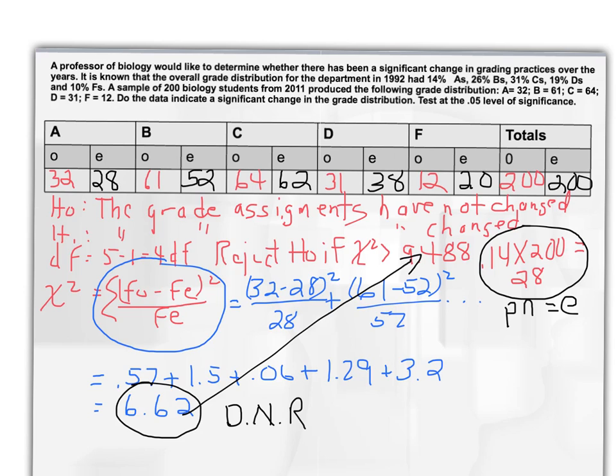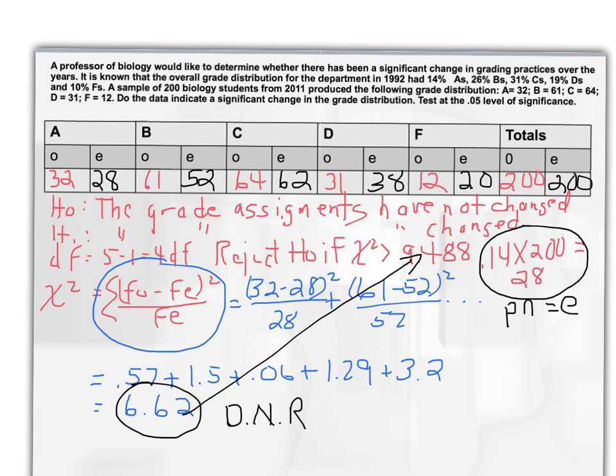Now let's go on to the second major type of chi-square test, which is the test of independence, or the test where we use a contingency table. The previous two problems, the problems that we just went over, have basically one dimension in which we have a series of categories or cells.